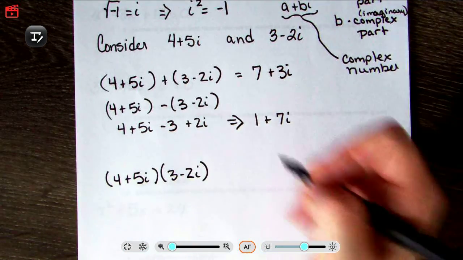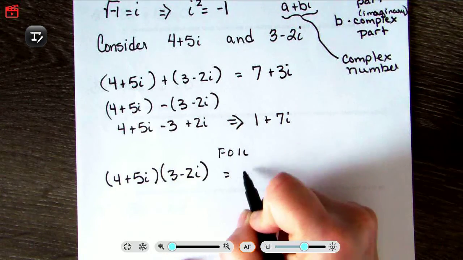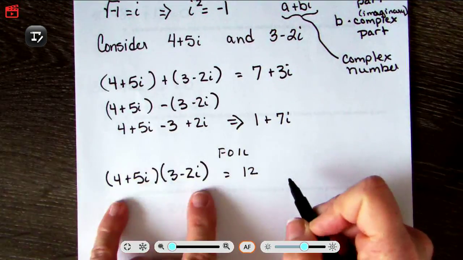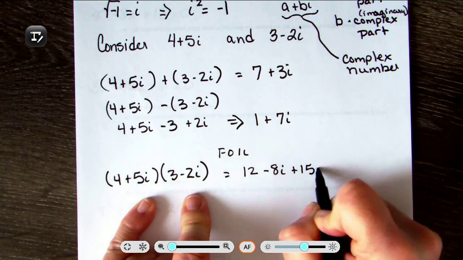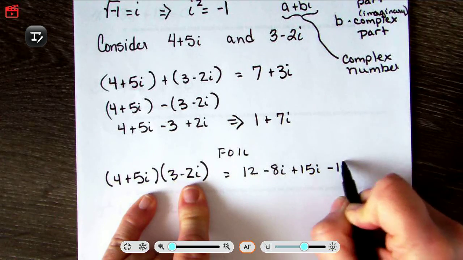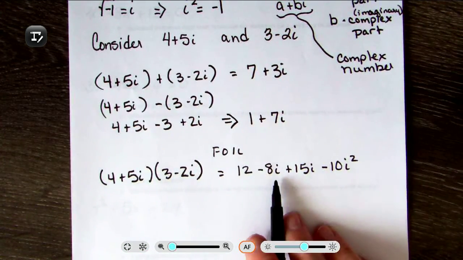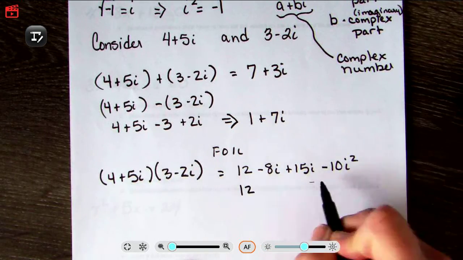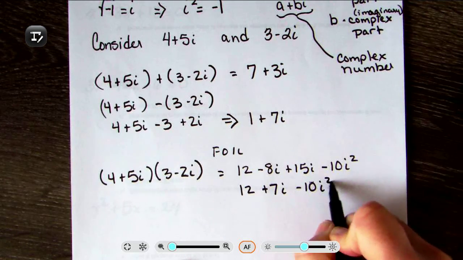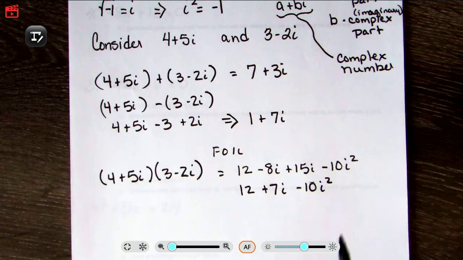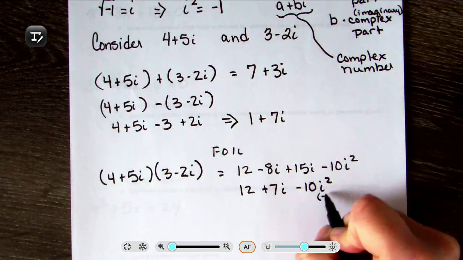Multiplying, we are going to use FOIL. So we'll have our firsts, the outers, our inners, and our lasts. We are going to combine our like terms, so 12, this becomes a 7. And then we're going to remember that i squared is -1.